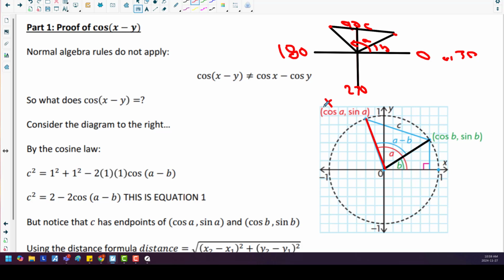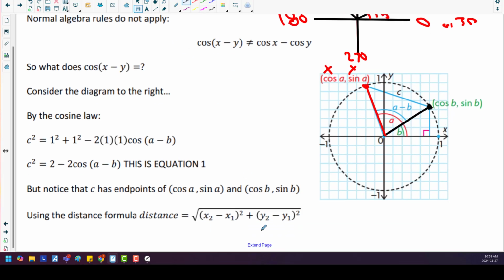So your X value is cos A and your Y value is sine A for this point here. For the point that is here in black, your X value is cos B and your Y value is sine B.